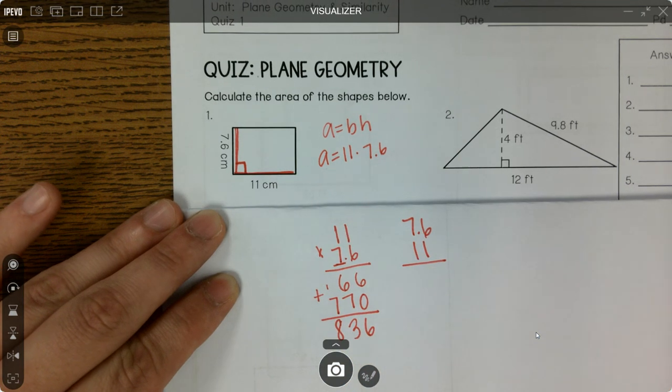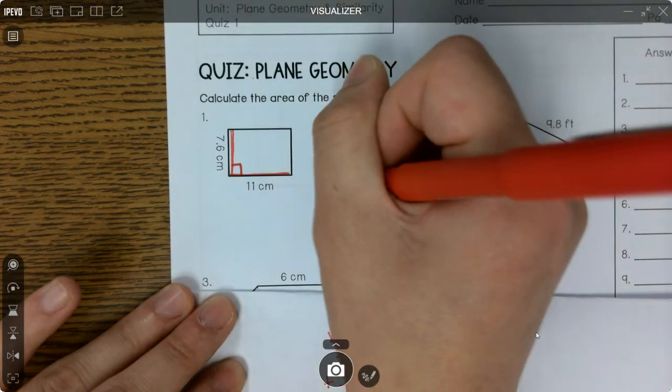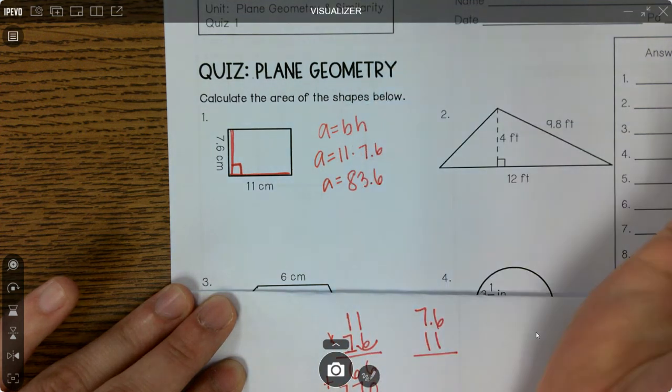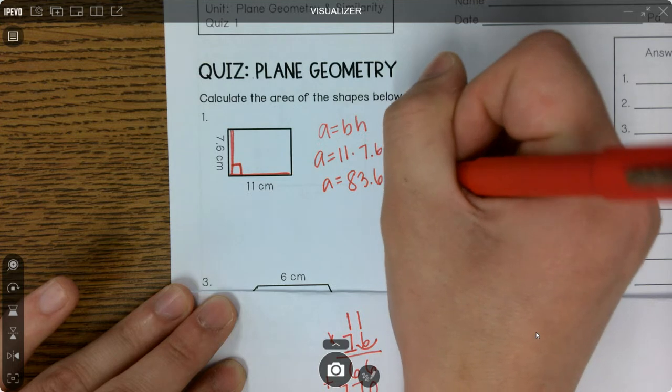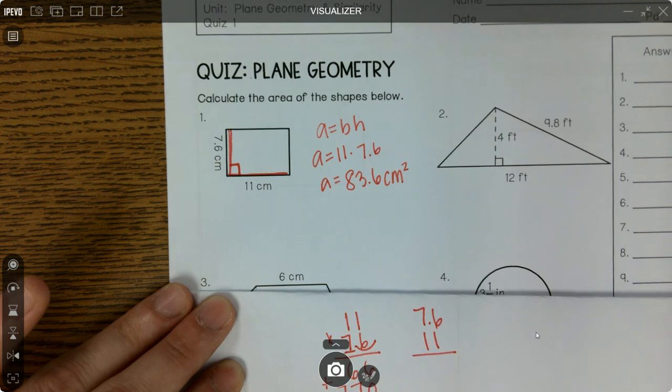That does not sound reasonable. Oh, I shift my decimal once, so I'm going to shift it back in one time. So I get an area of 83 and 6/10. And I could say centimeters squared, okay? Because if it's squared, it's representing an area.